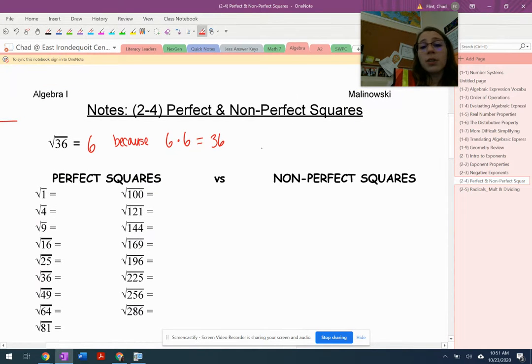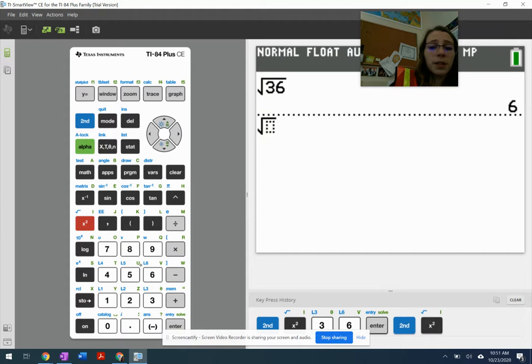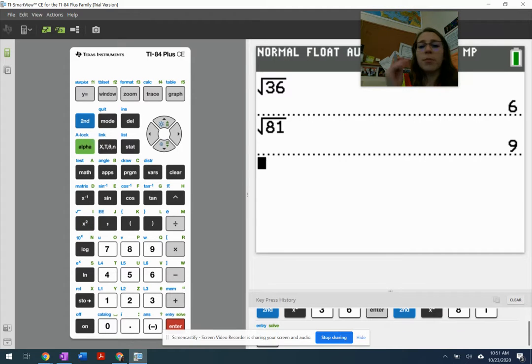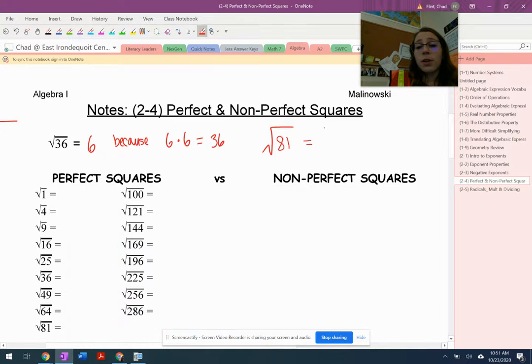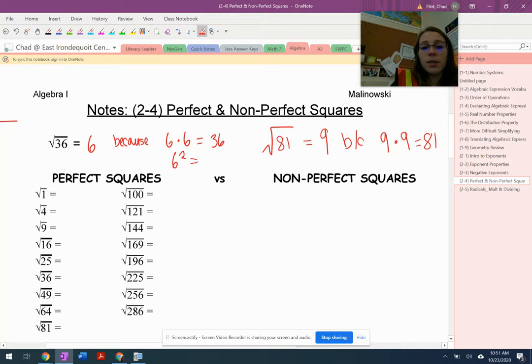Just like if we looked at the square root of 81, and again, if you don't have these memorized, that's okay. I think Mrs. Goodhue wanted you to memorize them last year. The square root of 81 is 9, because 9 times itself gives me 81, or 9 squared equals 81. 6 squared equals 36.